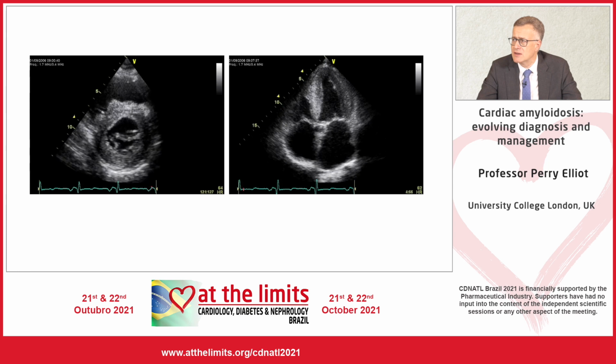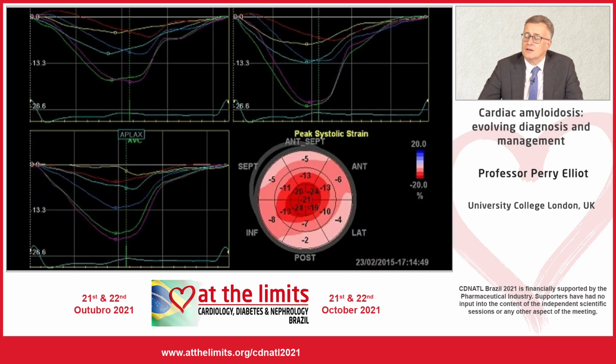Whereas you can see in the right-hand frame, the long axis function is significantly impaired. Moreover, one can see regional differences in deformation, and this picture is highly characteristic, although not entirely specific of amyloid. And this is where you see the so-called apical sparing pattern, where longitudinal strain at the apex is relatively preserved compared to other segments.